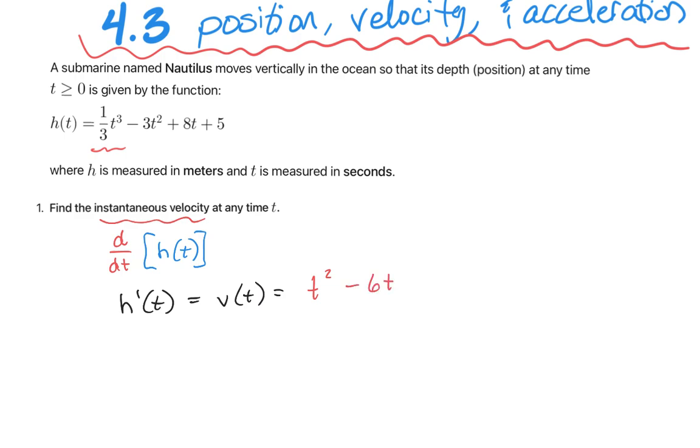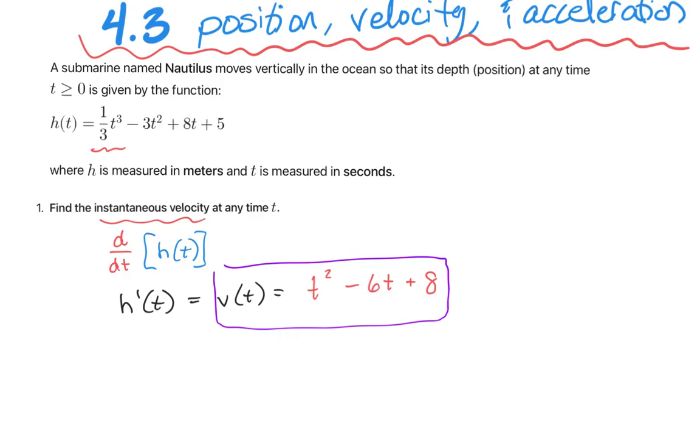The derivative of the next term, 8t, is just 8. So our velocity function looks pretty darn good. At any time t, the velocity follows that function.